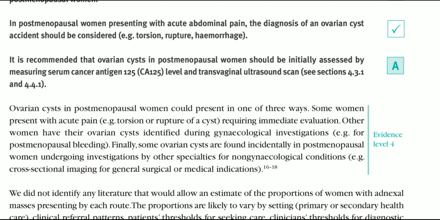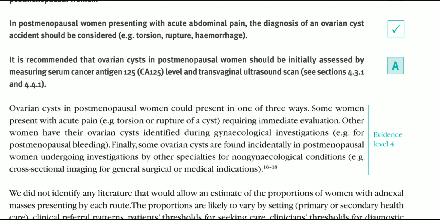For example, if she comes with postmenopausal bleeding, or for other gynecological purposes, and we incidentally find it. And finally, some ovarian cysts are found incidentally in postmenopausal women undergoing investigation by other specialties for non-gynecological conditions. For example, cross-sectional images for general, surgical, and medical indications.